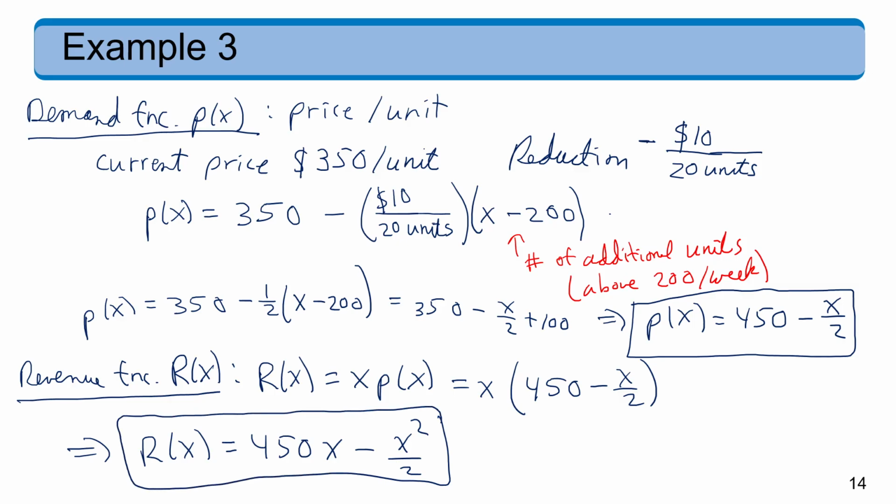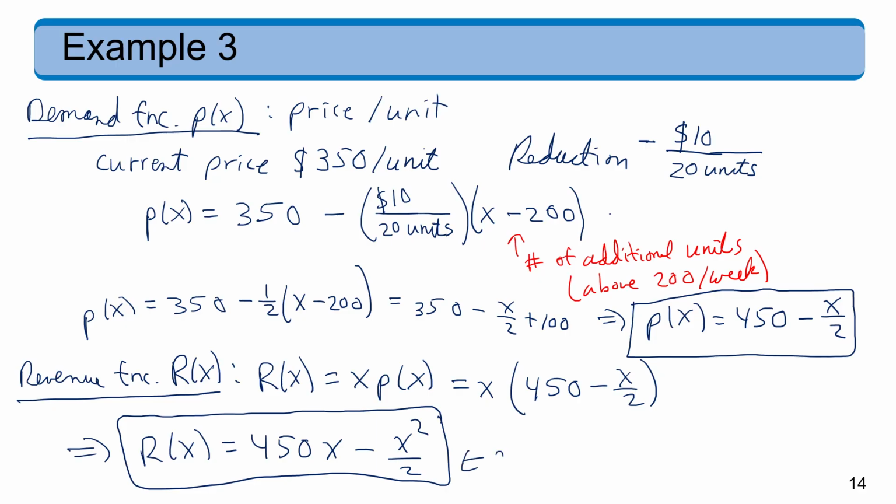Now the next step in our strategy is to look at your function for the thing you're trying to optimize, which is revenue, and see how many variables are on the right. If there are more than one, you have to do some work on that to try to reduce it down to just one variable on the right. But notice here there's only one variable, x, so we don't have to do any revisions to this.